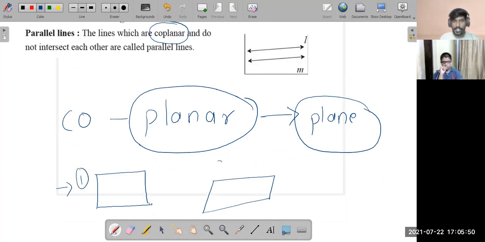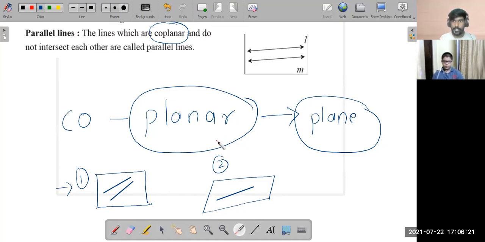This is one plane and this is a second plane. So if I draw a line in this plane and a line in this plane, these will not be coplanar because they are in two different planes. But if I draw two lines inside the same plane, then that will be called coplanar.